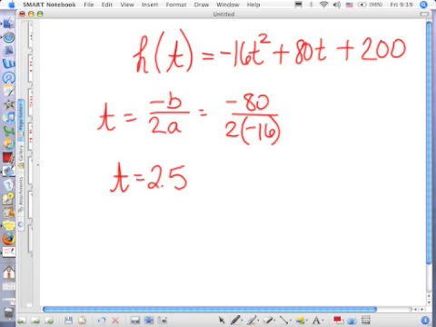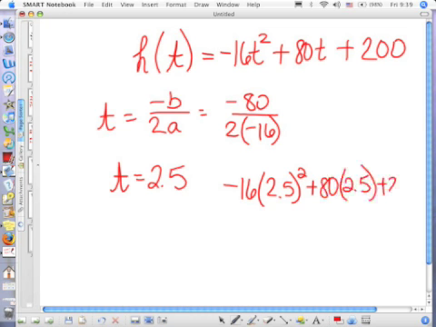How are we going to figure that out? 2.5, we're going to plug it in. We're going to say negative 16 times 2.5 squared plus 80 times 2.5 plus 200. Okay? Well, when you calculate that, you get 300 feet.